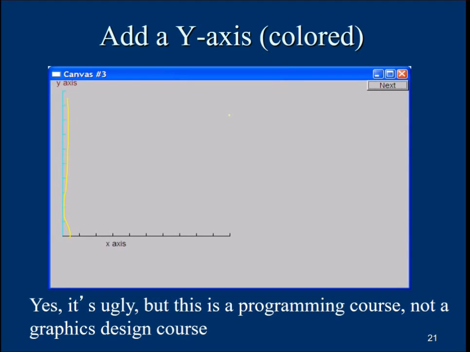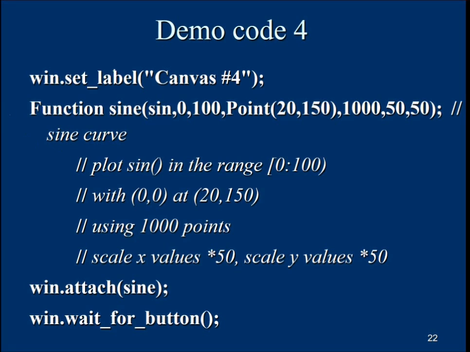So these are the programming aspects, and you can make it much more beautiful as per your convenience. Then we have the canvas number 4 demo code. This is the function sine.